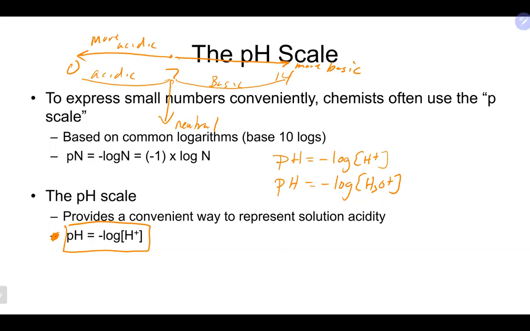Now, this formula and every other one after this point, depending on your calculator as to which way you should properly punch it in. If you have a display calculator, you would punch in the negative button, the log button, and then the concentration using your exponent.